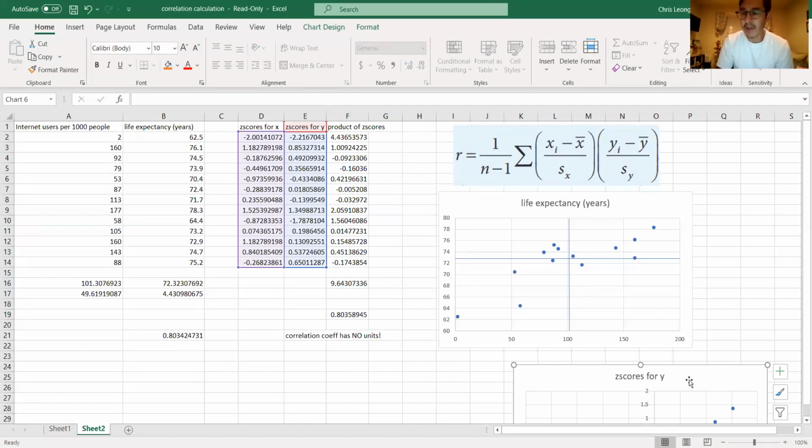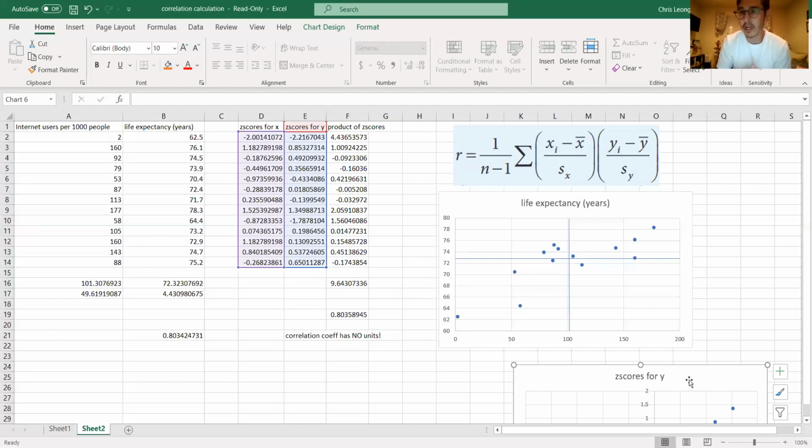And so it's a fallacy to think that a high correlation means that one variable causes another. In this case, these variables are kind of a product of the wealth of the nation.